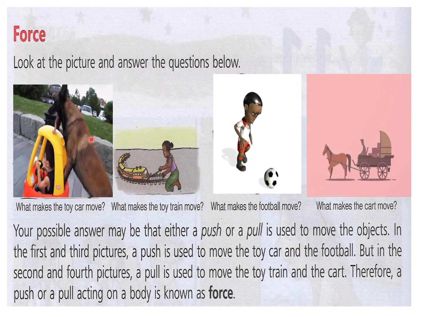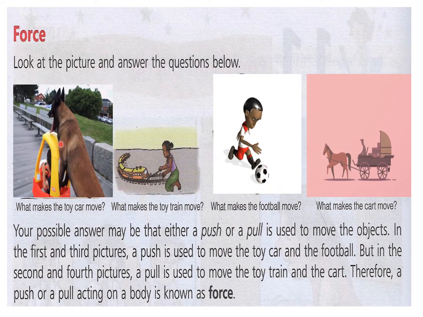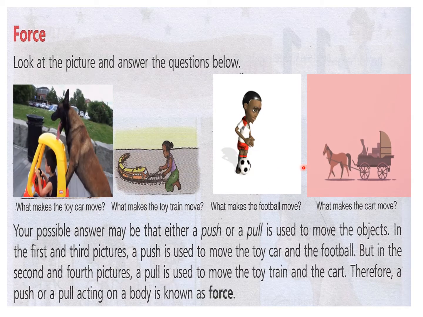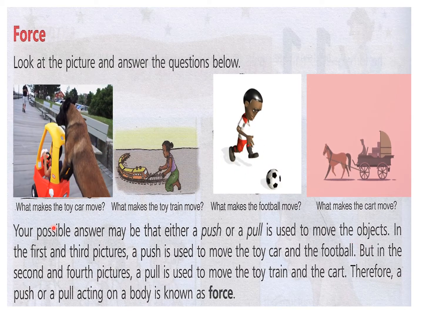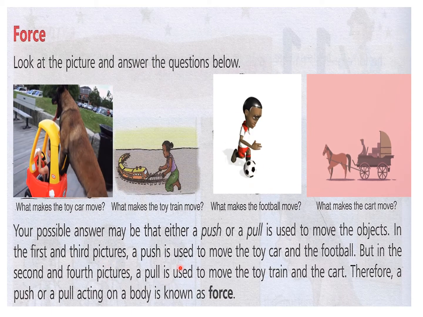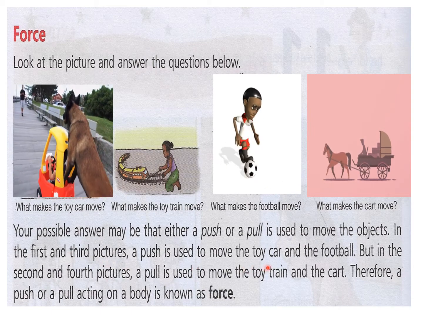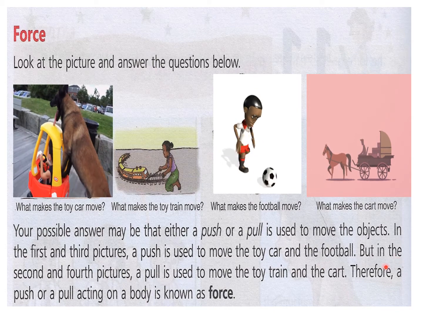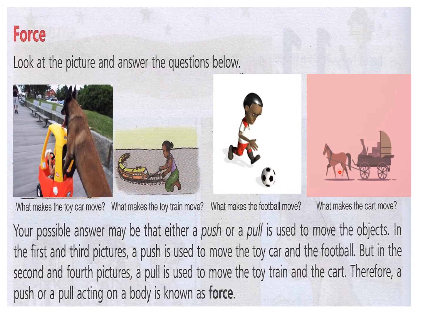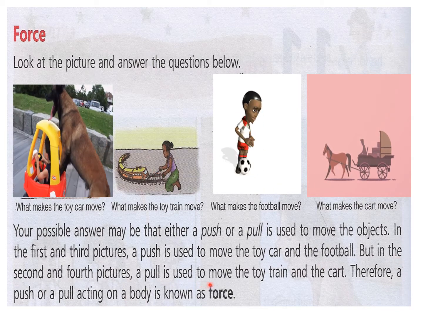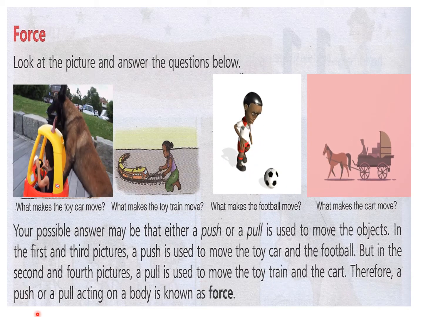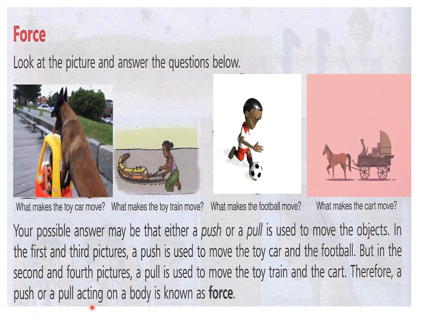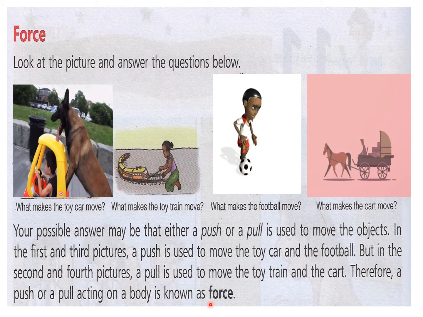So in the first and third pictures, a push is used to move the toy car and the football. But in the second and fourth pictures, a pull is used to move the toy train and the cart. Therefore, a push or a pull acting on a body is known as force.